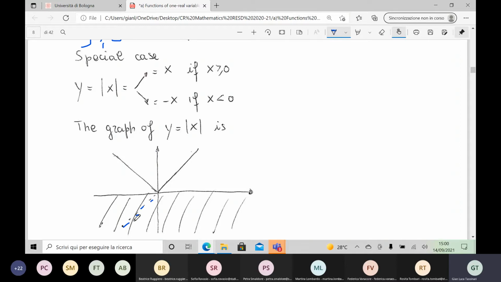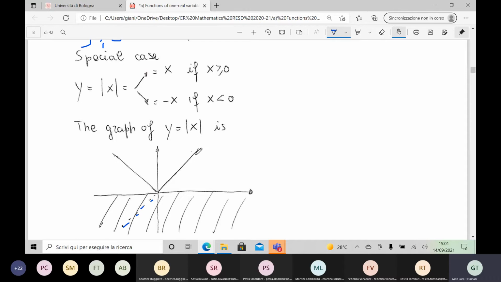Intuitively, at the beginning, you can plot it with a non-continuous line. But remember, you have to plot the graph y equal to x only for x greater or equal than 0. So should I color this one? No, because this is the graph of x, but I need to plot it only for x greater than 0. Only in this part x is positive. So I color this part.